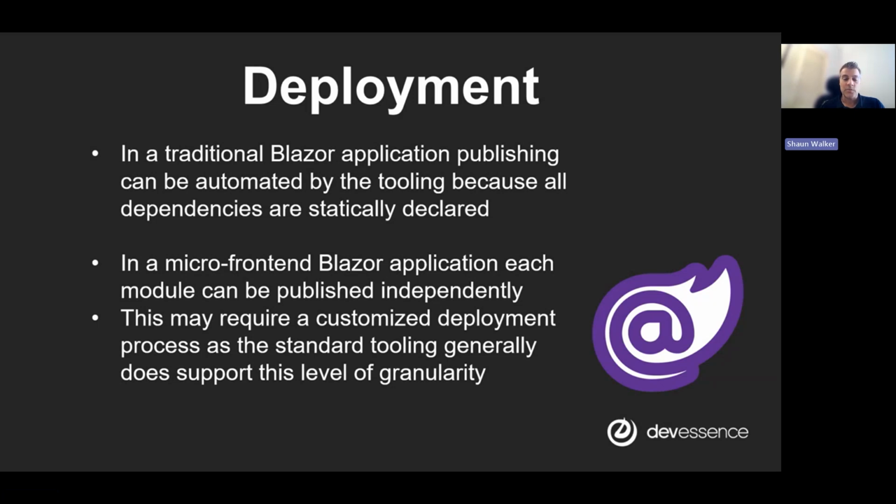The reason this works in a traditional Blazor application is because, again, all the dependencies are statically declared, right? They're hard coded throughout your application. And so because of that, Visual Studio can figure out where all the assets are, and it can build your deployable image based on all of the hints that it has. This is not the case in a micro-frontend Blazor application because everything is loosely coupled.